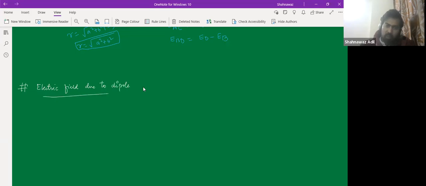And there are points at which we calculate the electric field, right? And those are axial points, and then the other one is equatorial.